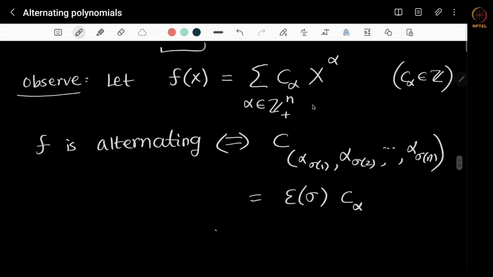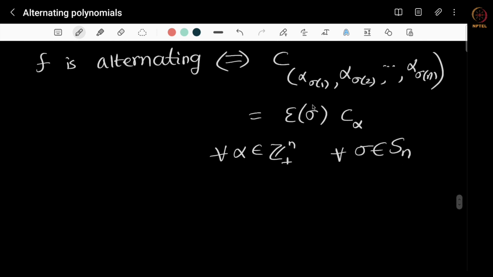Okay, and this should be true for all multi-indices alpha and for all permutations sigma in Sn. Okay, and the proof is more or less obvious. It's the same sort of proof we gave for the symmetric case. So just apply the definition. I'm going to skip this.